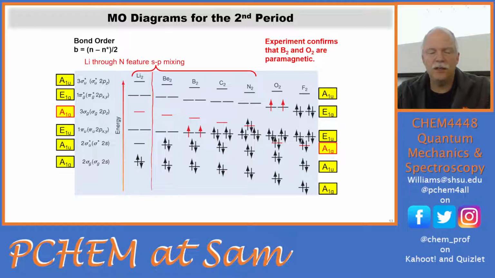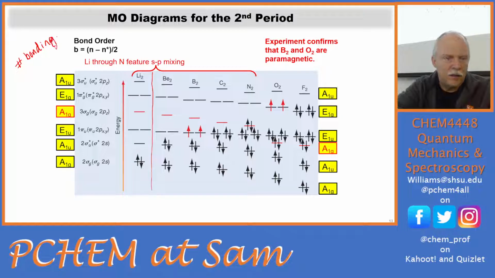And so let's introduce this idea of bond order. We take the number of electrons in the bonding orbitals and subtract the number of electrons in the antibonding orbitals. So the number of bonding electrons is N, and N star is the number of antibonding electrons.